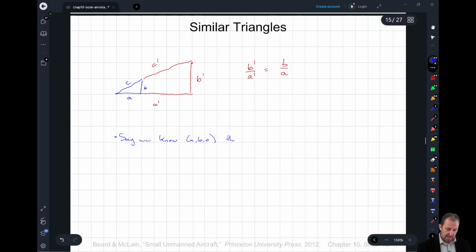Then, and we know A prime. Then what is B prime? Well, just using simple math here, solving for B prime, right? B prime is just going to be equal to B times A prime all over A.